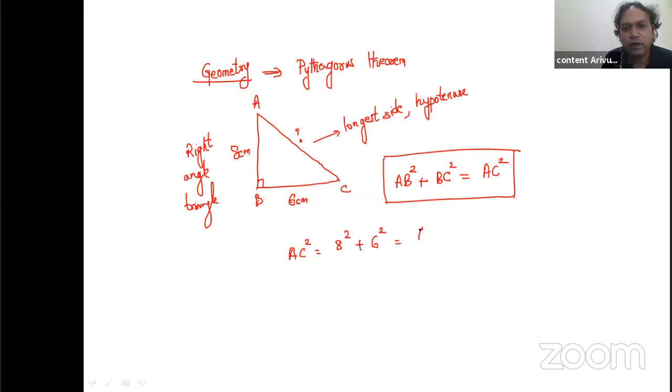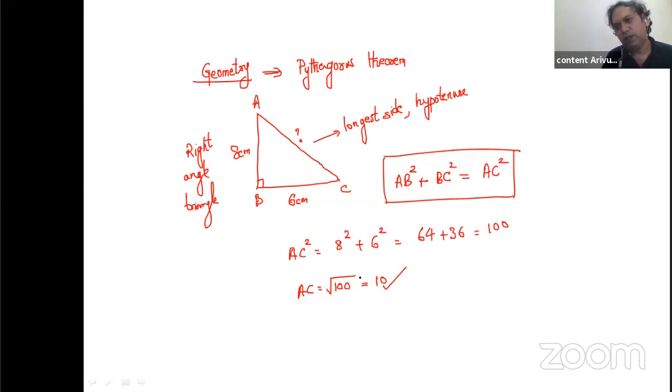That is 64 plus 36, which is equal to 100. So AC is equal to root of 100. You can find the square root using your calculator, but you should know the square root of 100 is 10. So this is how we apply it. This is your Pythagoras theorem.